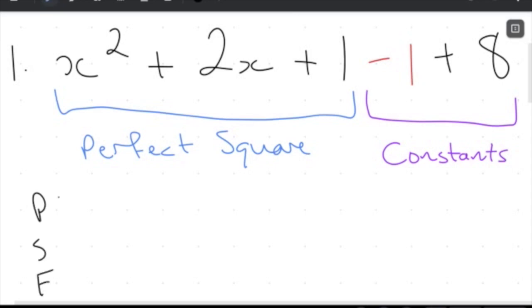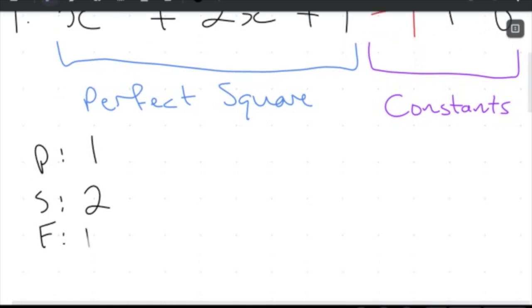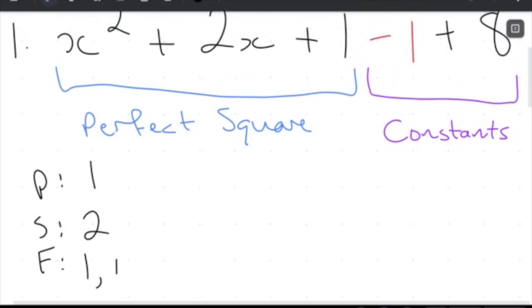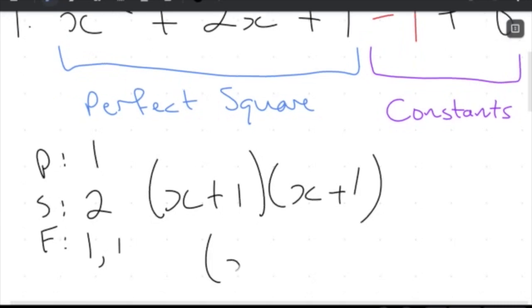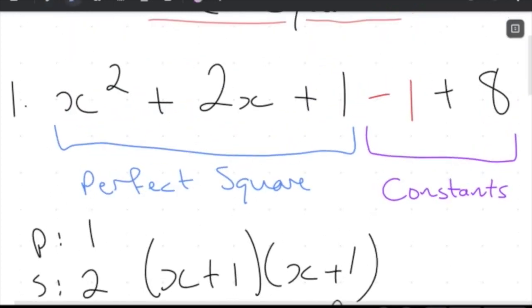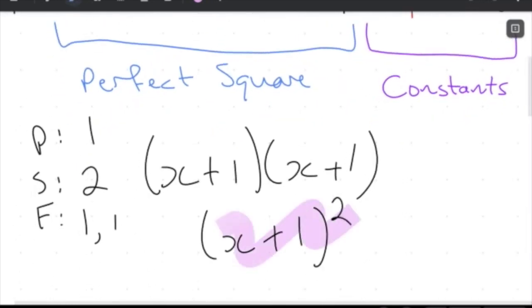We have a product of 1, sum of 2. So these factors must be two numbers that add to give me 2, multiply to give me 1, and that's just going to be 1 and 1, which gives me x plus 1 times x plus 1, which in other words is like saying x plus 1 all squared. So this thing here is going to become a factorized perfect square, also known as x plus 1 all squared.